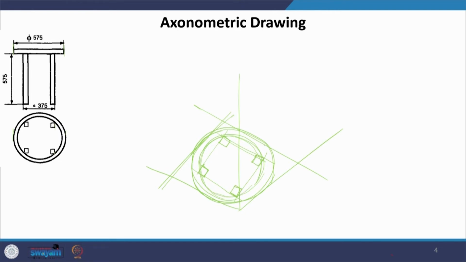So, this is what we have as a plan, and all we need to do right now is give them certain heights. So, we have this height, we also have the thickness given, and all we have to do is raise them. We know this is a simple circle. At that height also it is going to be the same circle.